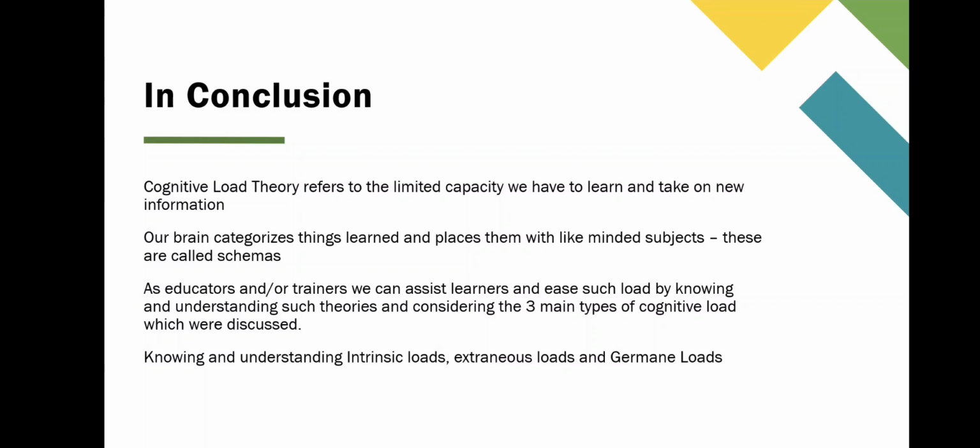As educators and trainers, it is important for us to assist our learners in easing the cognitive load by knowing and understanding theories such as cognitive load theory, and we can consider the three main types of cognitive load that were discussed. Knowing and understanding these three types of loads, intrinsic, extraneous, and germane, is key in helping our students and learners not to feel overwhelmed, frustrated, fatigued, or lose motivation in the learning process.